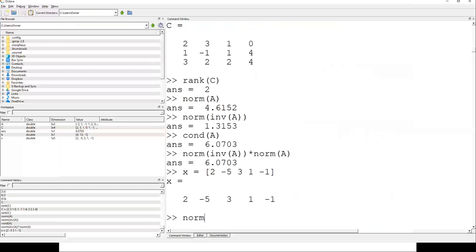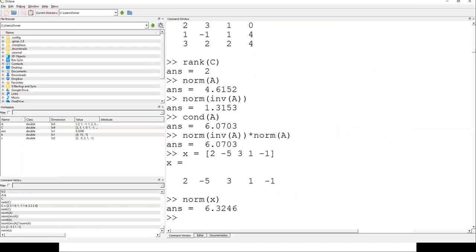The norm, we can give it a check. Let's do a quick check, some little tricks. X dot squared. Now note, this means element by element operation.